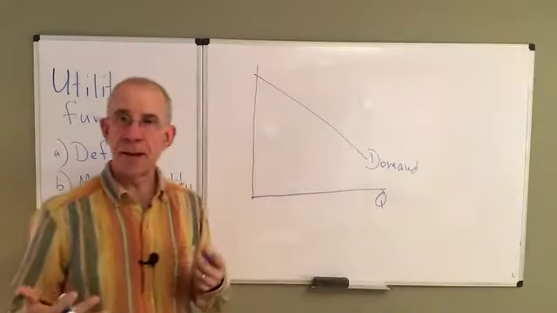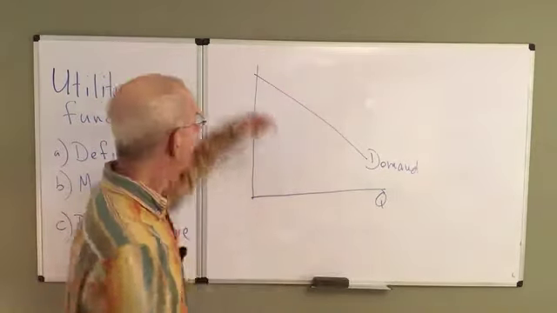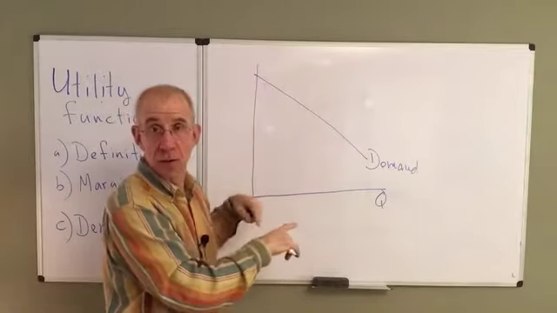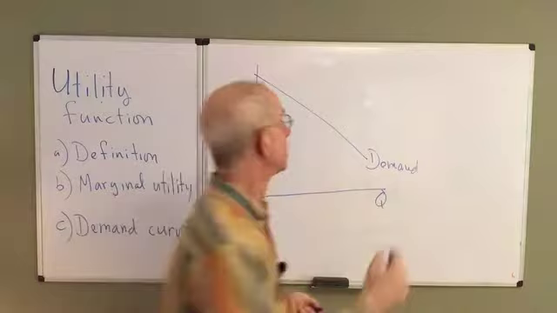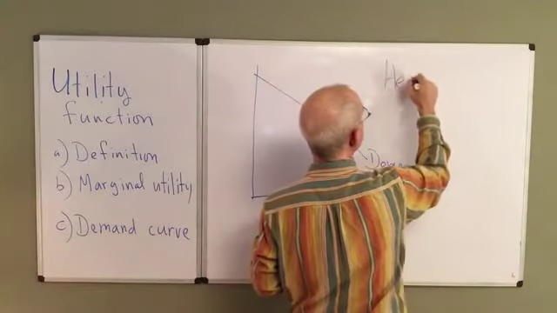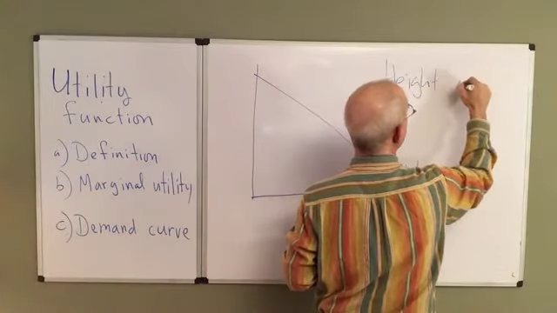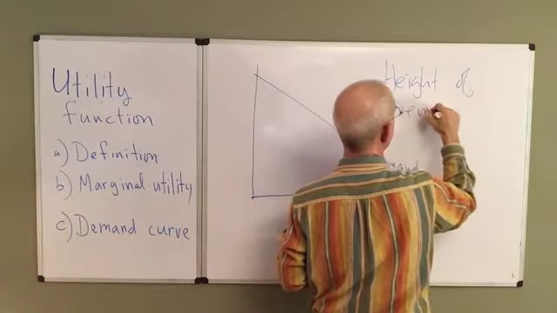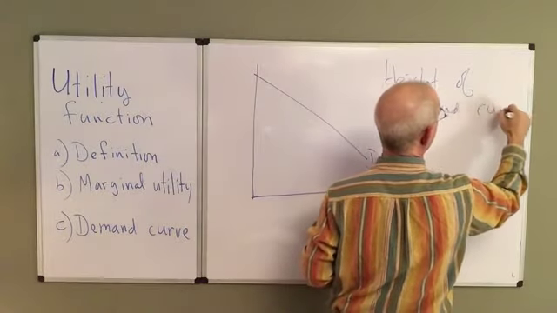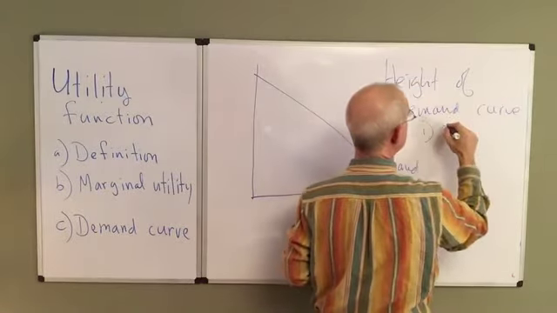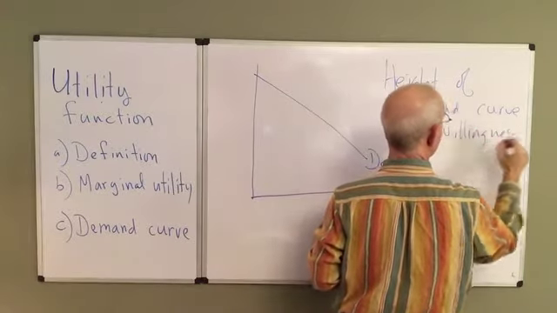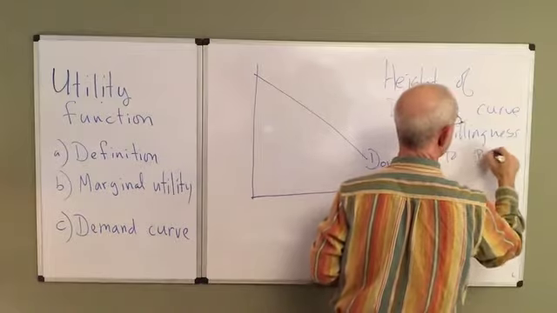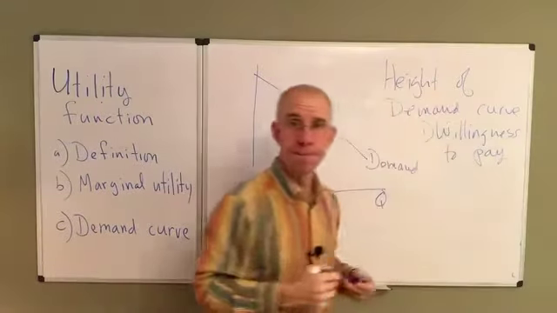And we've talked about how the height of a demand curve represents the willingness to pay. The height of a demand curve is the willingness to pay for a good.